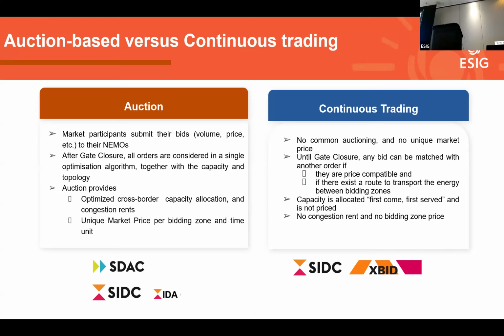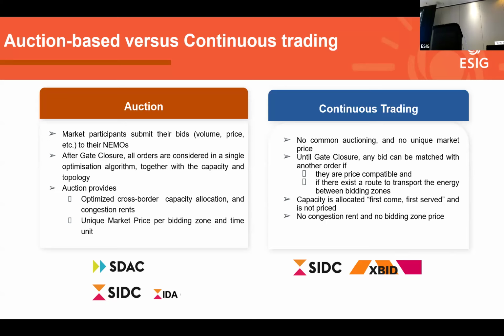While continuous trading is a little bit different. There is no common auctioning and there is no unique market price. How it works is there is no real gate closure. People can submit bids whenever they want on the exchange platform. They say it's a sell bid or a supply bid, a certain amount of volume and a price. And from the moment that two bids match, meaning each of them accepts the other, they are settled together. So we don't optimize.